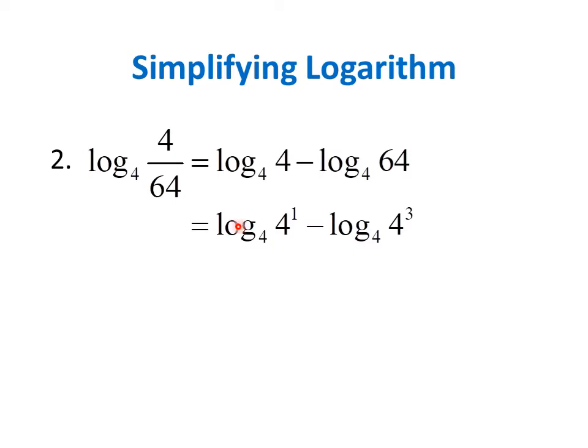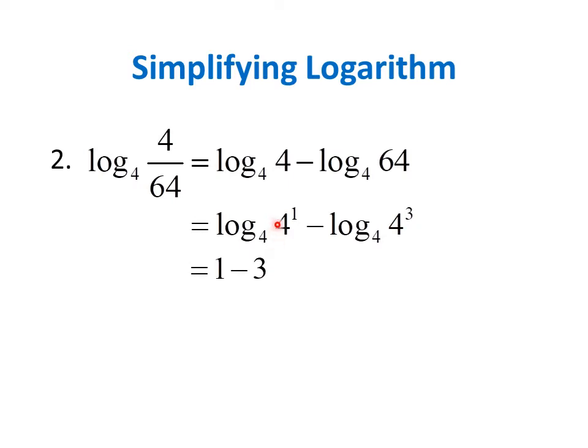Since we are getting the log to the base 4, we have to express 4 and 64 as the base 4 raised to some exponents. 4 is 4 to the 1, exponent 1. 64 is 4 times 4 is 16 times 4, that is 64. Therefore, 64 is 4 cubed.